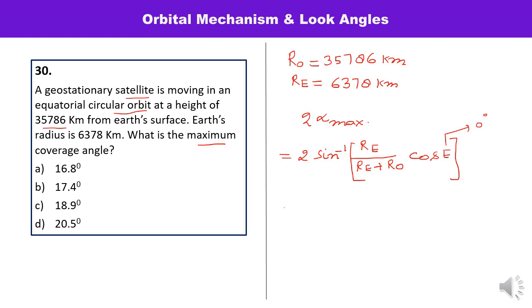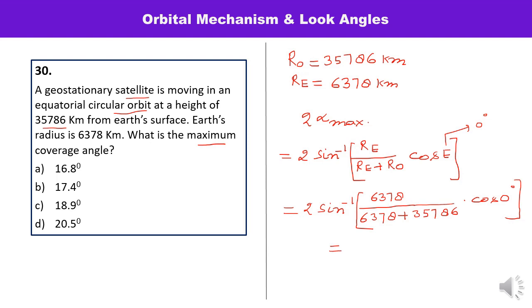So this will be twice of sine inverse of 6,378 upon 6,378 plus 35,786 into cos 0 degree, and cos 0 is 1.